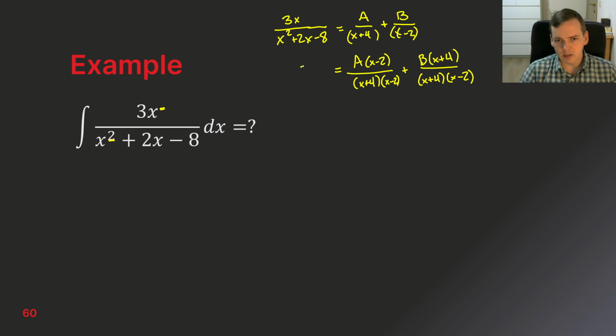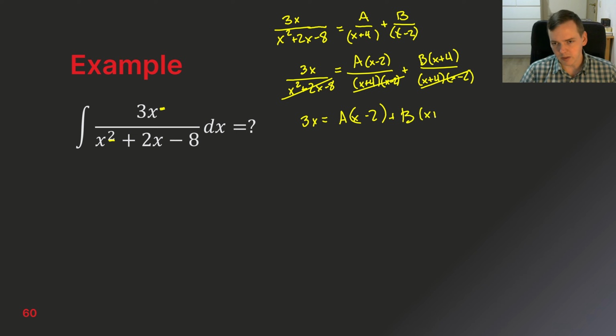So combining these into a single fraction, or starting to work in that direction, means that we can cancel all of our denominators because we can multiply through. So then we get 3x is equal to a times x minus 2 plus b times x plus 4.